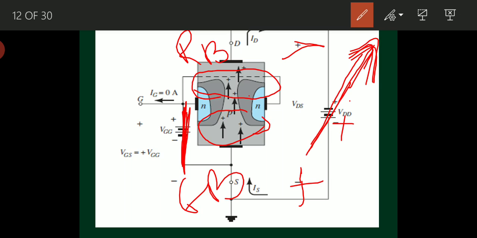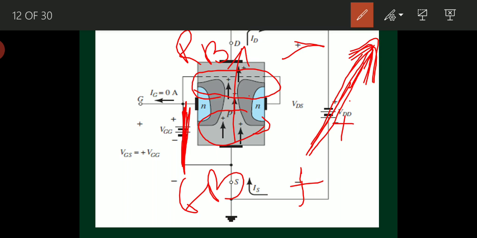By this, the channel width gets narrower. Of course, due to this forward bias, more charge carriers will move from source to drain, so current increases much more. As I go on increasing this VDS, current will increase, and also the depletion region at reverse bias goes on increasing, thereby the channel width goes on decreasing.